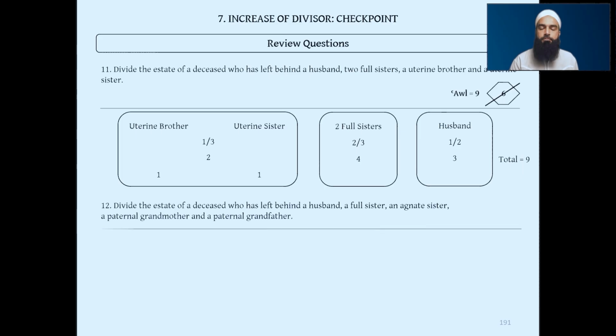Next question. If we have a husband, full sister, agnate sister, mother, and paternal grandfather, what happens in this scenario? Husband receives his half, and the full sister, because there's no children, gets half as well. The agnate sister is blocked because of the grandfather.